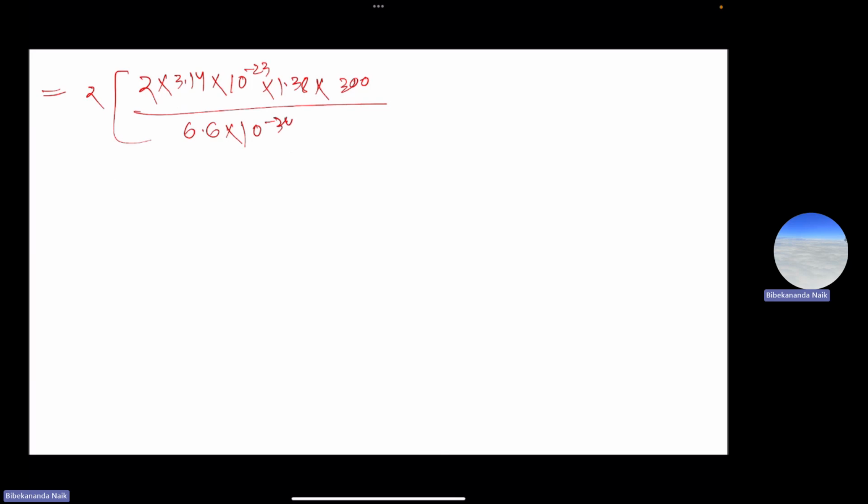So if you put those values, it will be 2 into 3.14 into 1.38 into 10 to the power minus 23 into 300, room temperature T, then divided by h square, 6.6 into 10 to the power minus 34 squared, to the power 3 by 2.